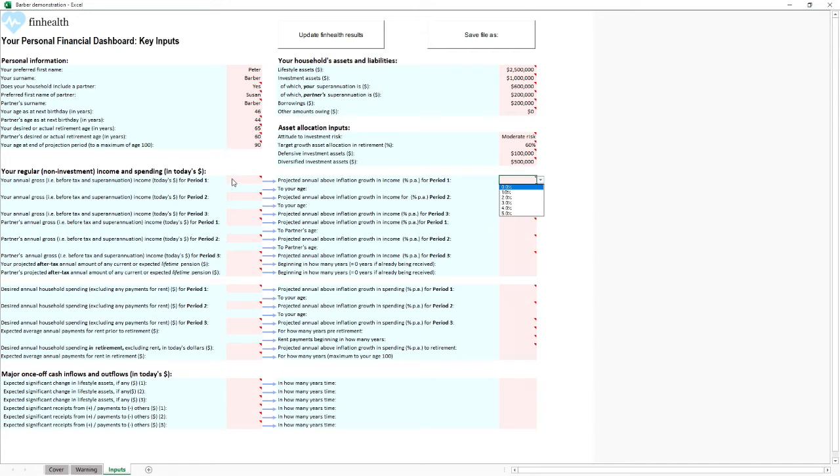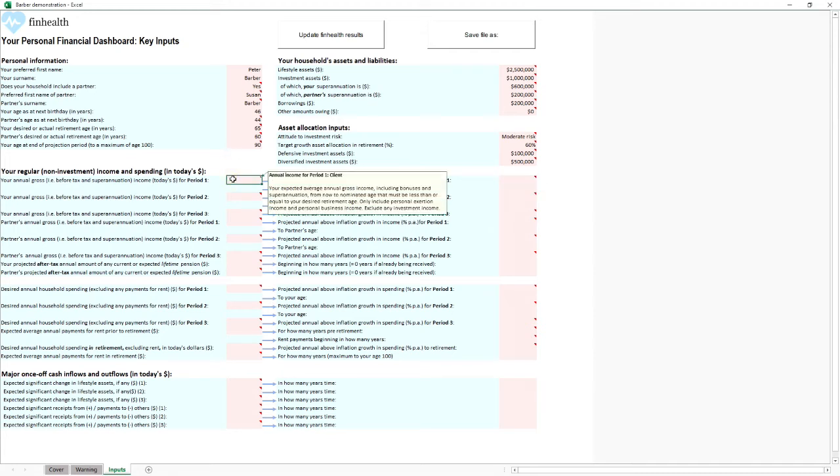Now Pete's current gross income is $350,000 that he expects to grow at a healthy 3% per annum above inflation until his age 51.